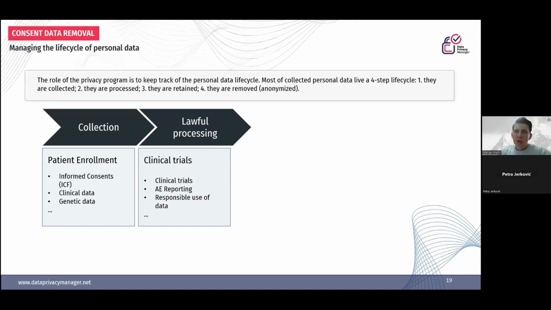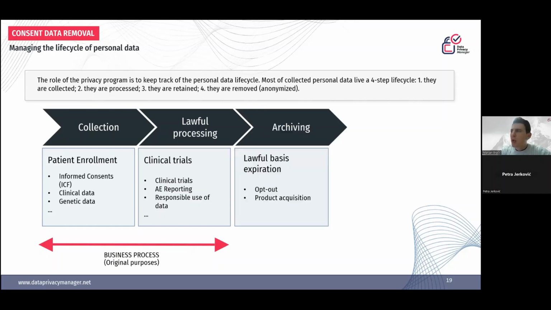Then you will do the processing of data for the clinical trials, for the reporting, doing machine learning models, trying to find new purposes for existing drugs or combining drugs, or you will probably have ideas on how to use machine learning. And this is what we call the original purpose, the business process that you do.